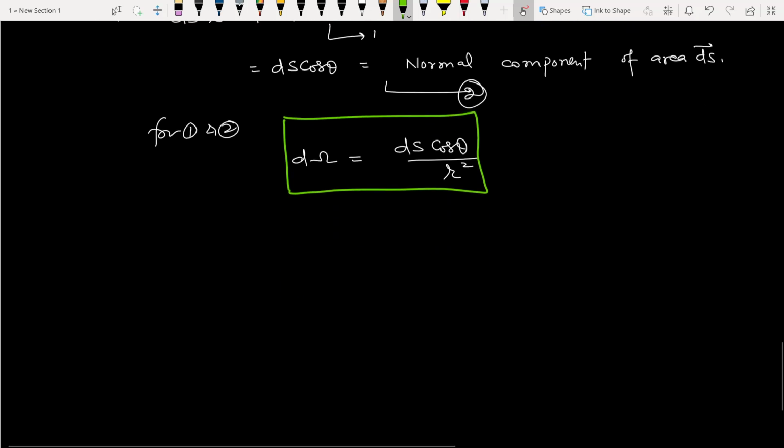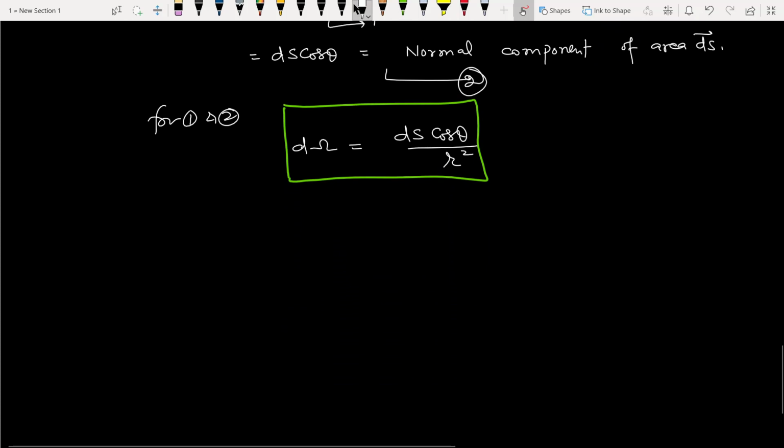So from this definition we can also define the solid angle as follows.